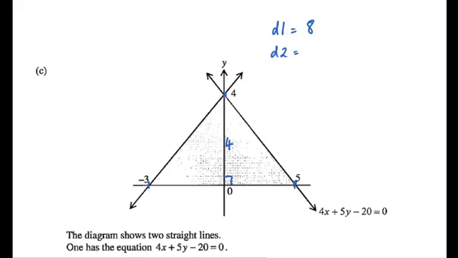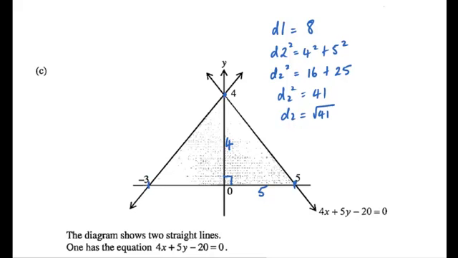My width, or this length here, is 5. So distance squared equals 4 squared plus 5 squared. So D2 squared is 16 plus 25, which is 41. And so D2 is the square root of 41.